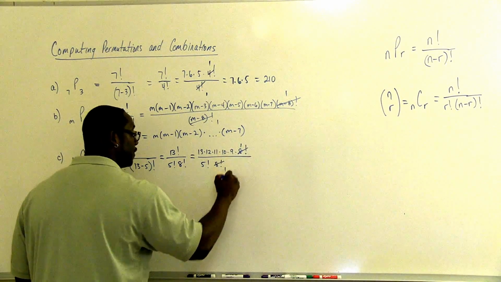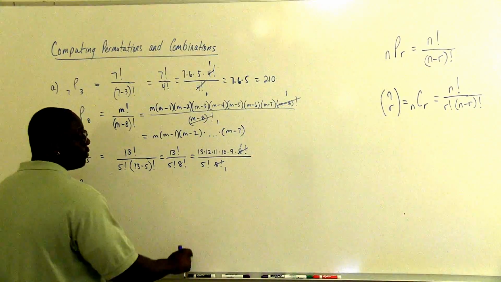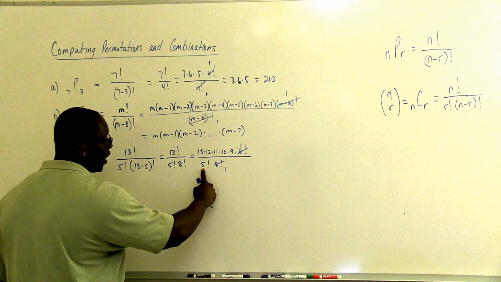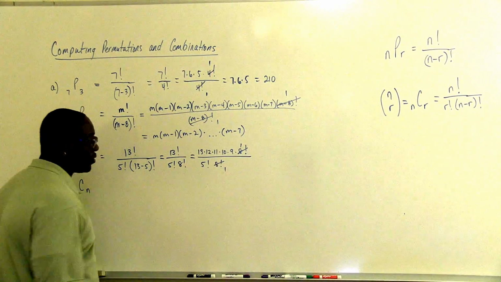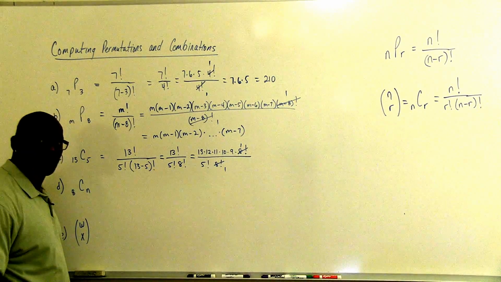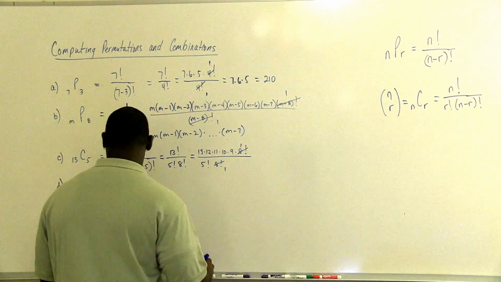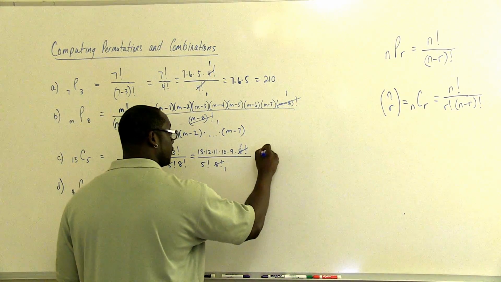And so our 8 factorial is reduced to 1. At this point, we can write out what 5 factorial is: 5 times 4 times 3 times 2 times 1. We'll go ahead and do that in the next step.